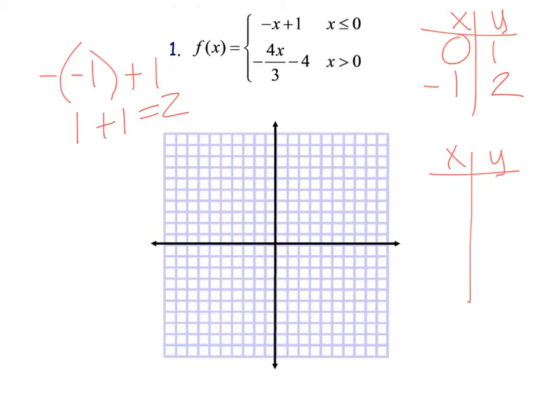And then we plot our points. For the first point, I need to check whether it's open or closed by looking at my inequality. It's less than or equal to, so that means it's a closed point. I am plotting a closed point at (0, 1). My second point will be at (-1, 2).